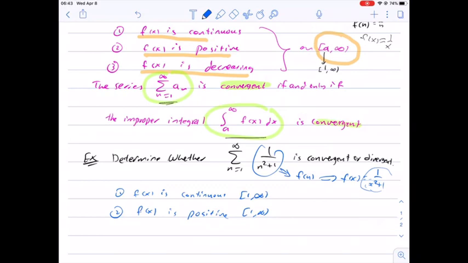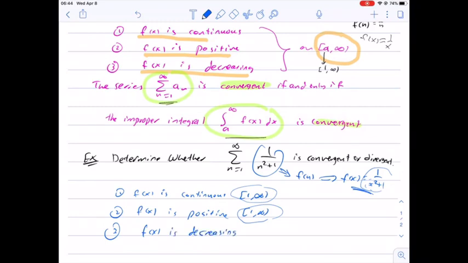We don't have any jump discontinuity, removable, or infinite discontinuity, for example, on this interval 1 to infinity. So it's continuous. f of x is positive: you can substitute any value from this interval and you find that f of x gives a positive value.